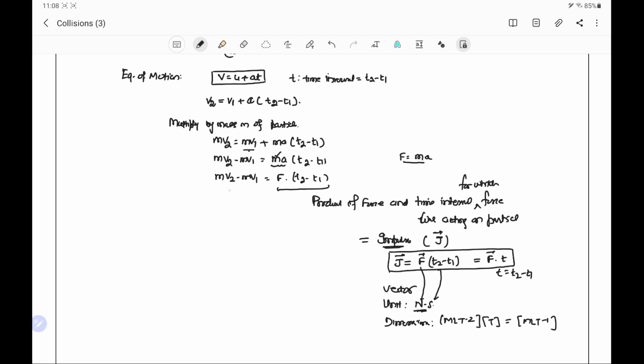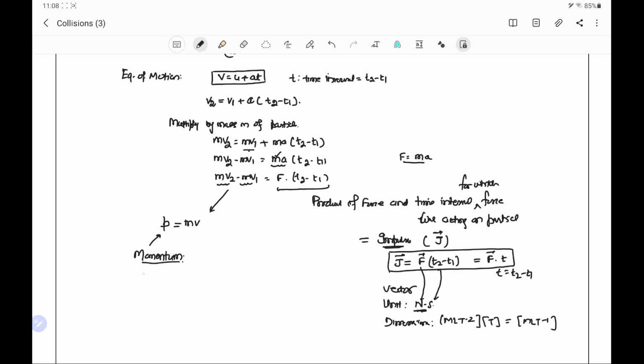Now we check the left hand side. This is the difference of two similar types of quantities. First is the product of mass and velocity at the time instant t2, and mv1 is the product of mass and velocity at the time instant t1. So we can say that mv is a quantity that is called p, which we call momentum.